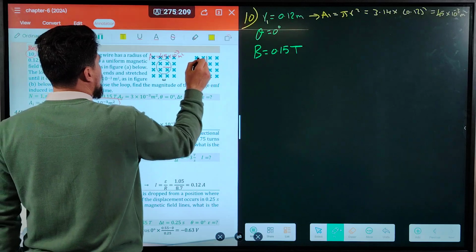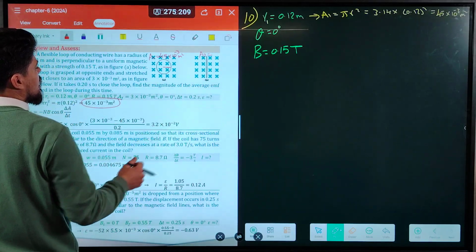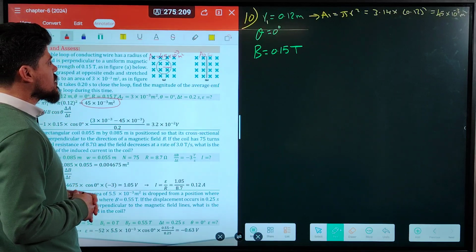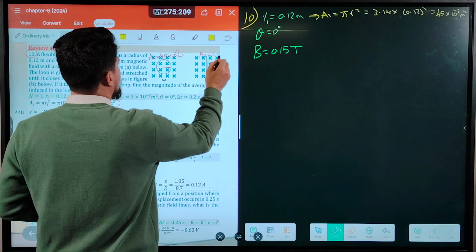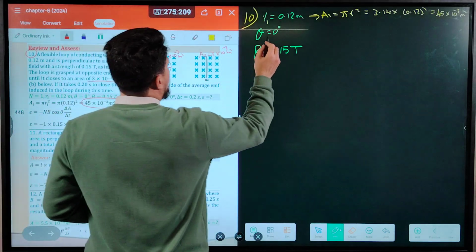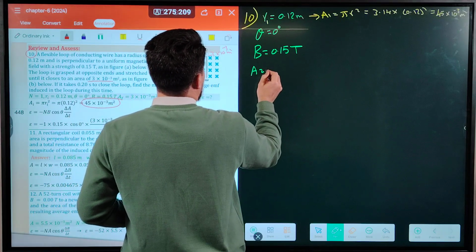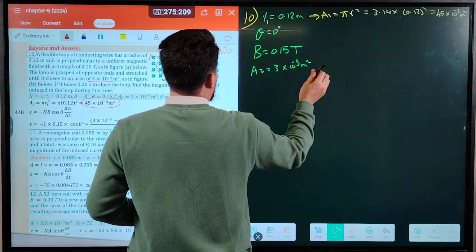How about A2? A2 is equal to what? The area is changed after being grasped at the opposite ends of the circle. The area of the circular loop is decreased to 3 times 10 power negative 3 meters squared. This is A1, and A2 is 3 times 10 power negative 3 meters squared.